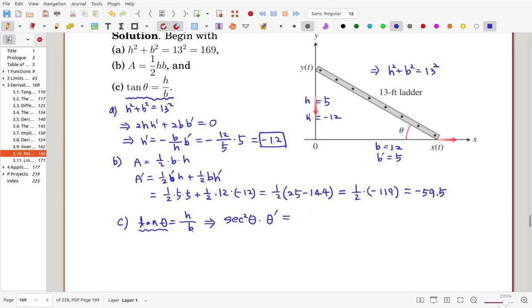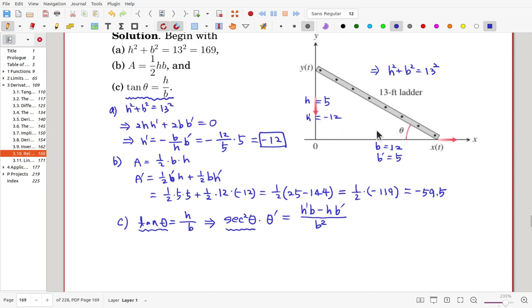On the right side, by using the quotient rule, that is b squared in the denominator, and then h prime times b minus h b prime. These quantities are already known from earlier and also from the problem statement. Now we can find theta prime.